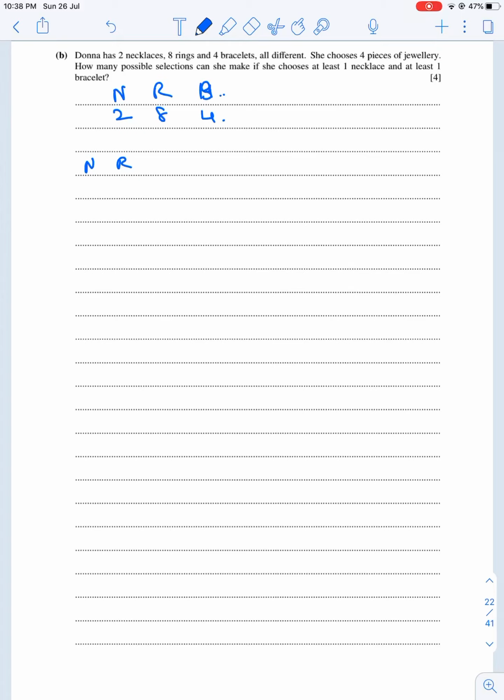These are the bracelets, necklaces, rings and bracelet. So she's supposed to choose at least 1 necklace and 1 bracelet. If she's choosing 1 necklace and 1 ring, then she can choose 2 bracelets. If she chooses 2 necklaces and 2 bracelets, in that case she will choose no rings.